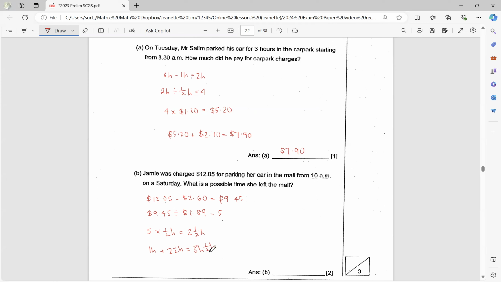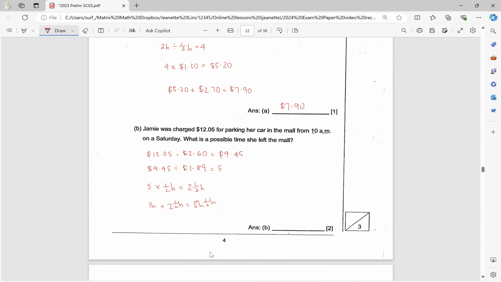So this is 3.5 hours. So let's draw the timeline starting from 10 a.m. 3.5 hours, so 3 hours 30 minutes. This is 1:30 p.m. So the answer can be 1:30 p.m.